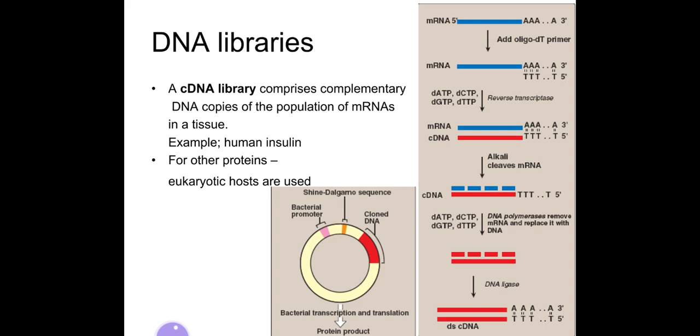Starting with the figure at the upper left-hand side, we see how we change this mRNA into cDNA. First we start from the mRNA, which contains the poly A tail at the 3' end.